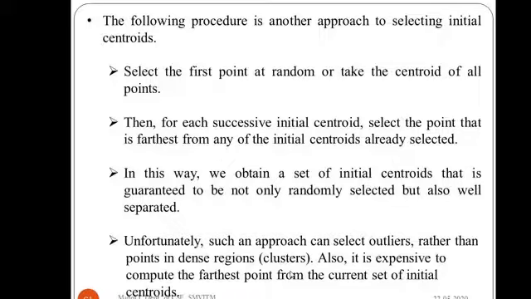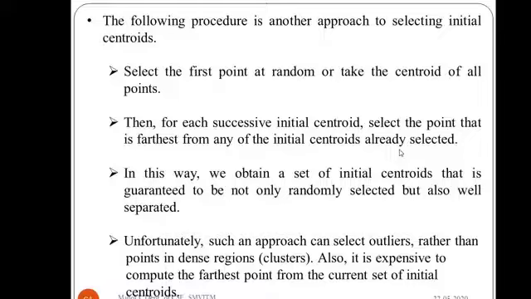Another procedure which can be followed for selecting the initial centroids is to select the first point at random, or take the centroid of all the points. Then for each successive initial centroid, select the point that is farthest from any of the initial centroids already selected. Why are we doing this?